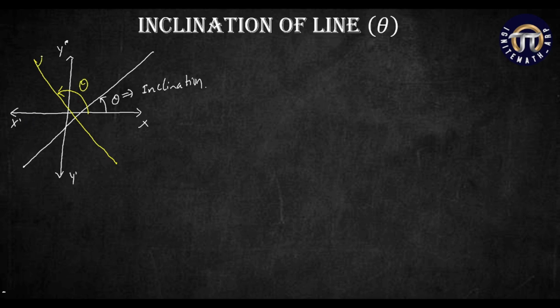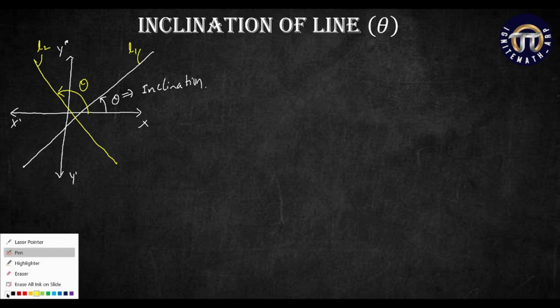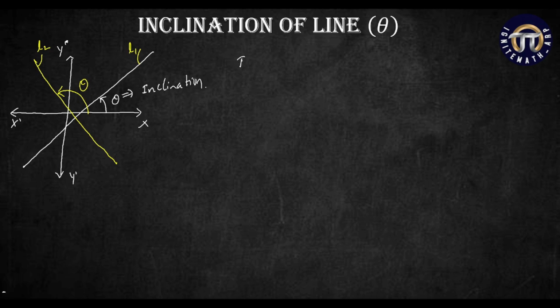If I call this L2 and this L1, I can say the inclination of L1 is equal to theta, and the inclination of L2 is equal to alpha.